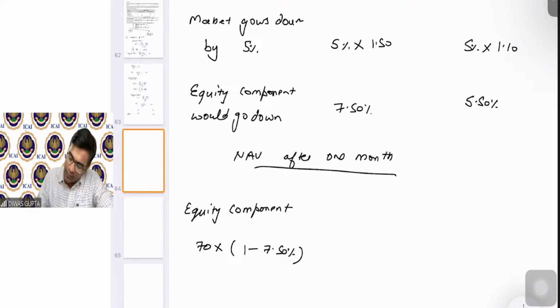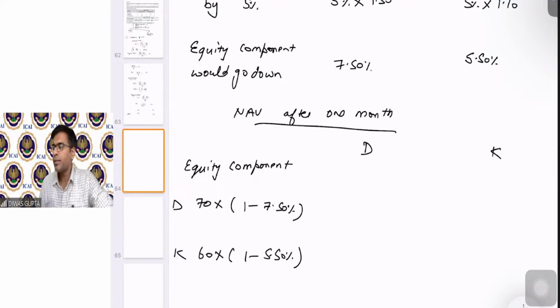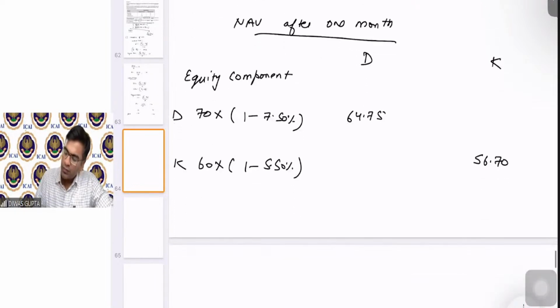Similarly, this is for D, this is for K. K was how much opening? 60. It has gone down by 5.5%. Correct, students? So this comes as 64.75. And this comes as 56.70.